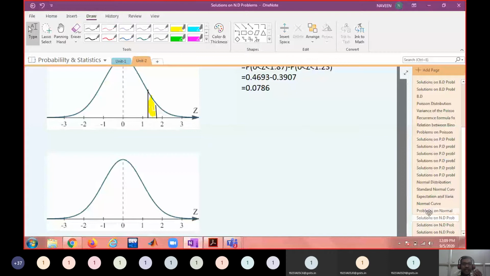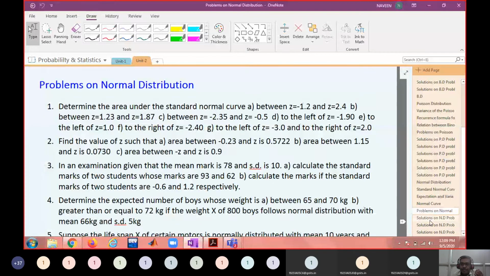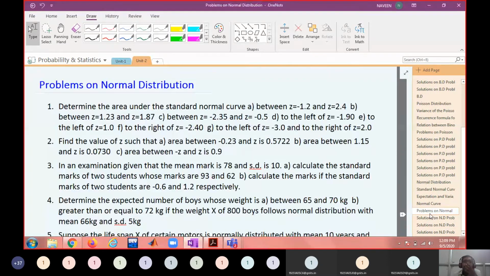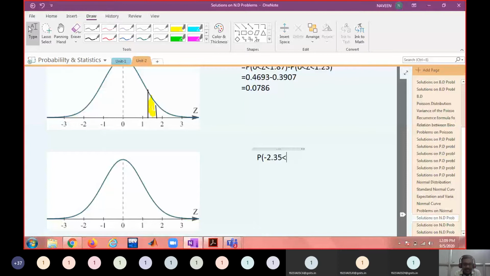Between minus 2.35 and minus 0.5. So the probability that minus 2.35... Which one is smaller between these two? Minus 2.35 only, no? So minus 2.35 less than z less than minus 0.5.